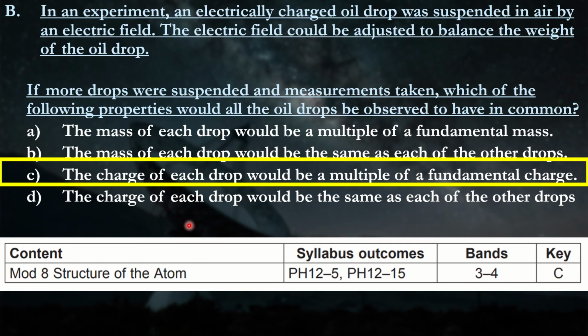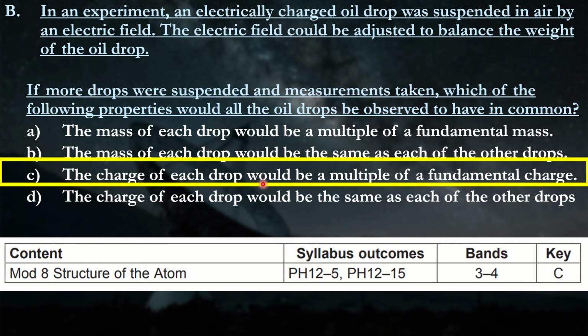Okay, so if I increase the amount of droplets, and we'll show that in a second, yes, it does increase the mass, but we know that there is no fundamental mass of the oil that we're looking at here. Can't see that.